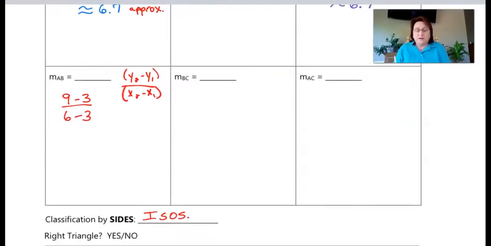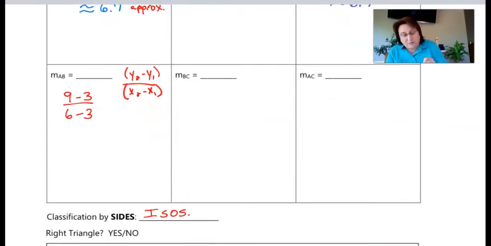So let's go on down here. Remember, slope is the rise over the run. 9 minus 3 is 6. 6 minus 3 is 3. I'm going to leave this as a fraction unless it is an exact whole number. And 6 divided by 3 is 2. But wait a minute.